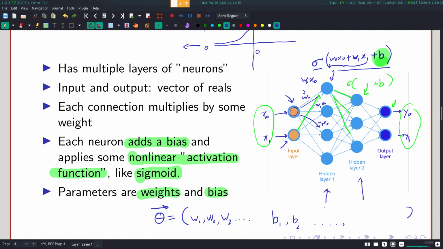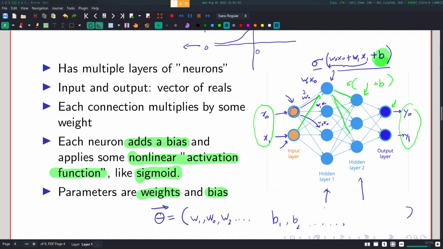Like in the case of the linear and quadratic parametrized function approximators, when we changed our list of parameters, the behavior of the function changed accordingly. Here also it will be the same.